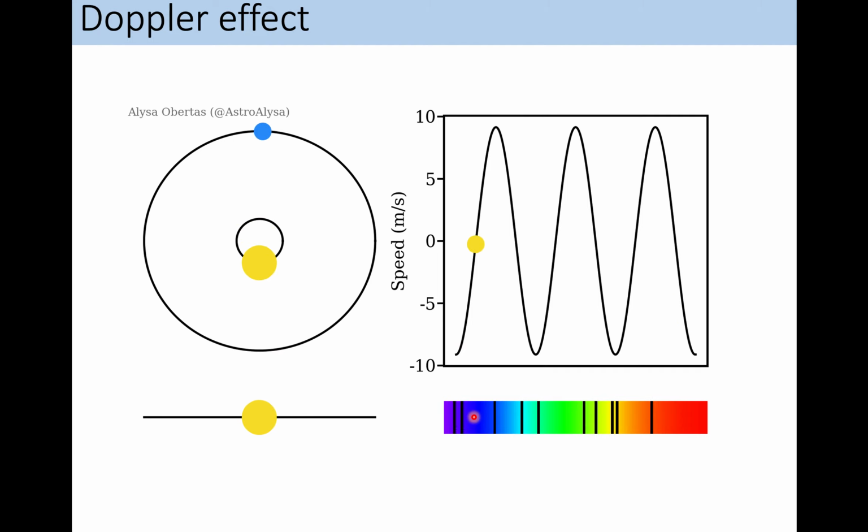When we see this object's absorption lines, which are in the dashed, neutral position, shifted towards the blue, we know that object's moving towards us. When they're shifted towards the red, we know that object is moving away from us. So this can tell us a lot about how things are moving in other solar systems outside of our own.